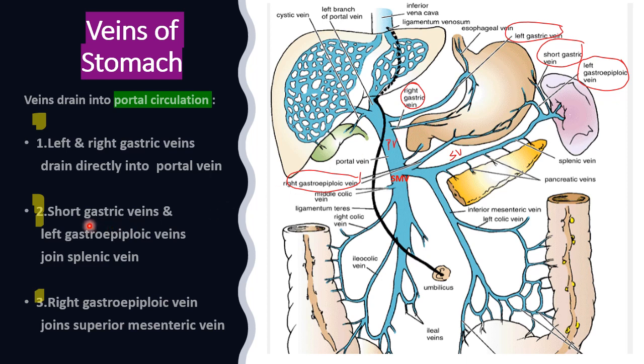The short gastric and the left gastroepiploic veins drain into the splenic vein, which continues to join the superior mesenteric vein to form the portal vein. The right gastroepiploic joins the superior mesenteric vein directly.